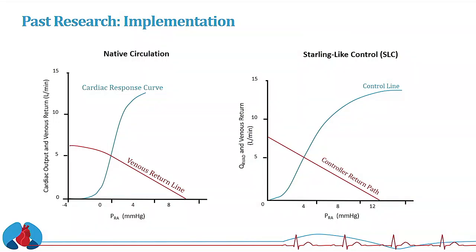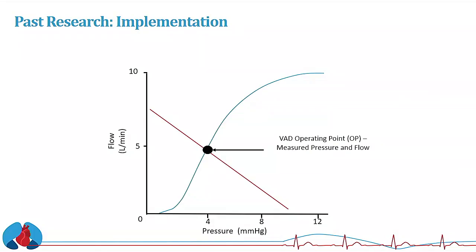So all we had to do was measure VAD pressure and VAD flow, and then we used the controller return path, which is based on the patient's vascular resistance, compliance, and so on, to predict for any change in preload how much blood the VAD would need to output. So I can show a demonstration of that. This is just a typical resting state, for instance, and you can see the operating point, which is the combination of measured pressure and measured flow.